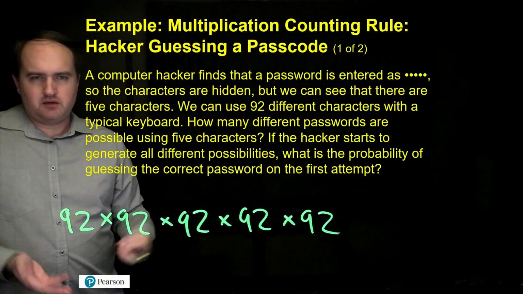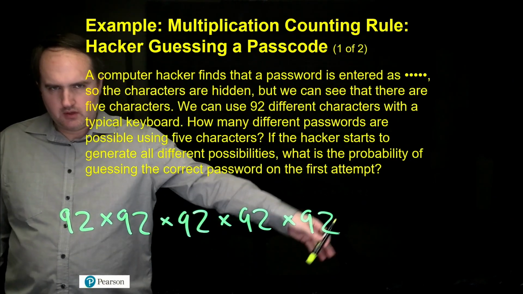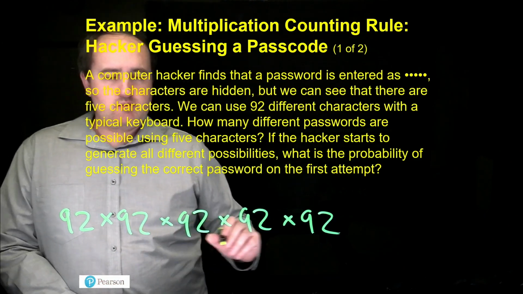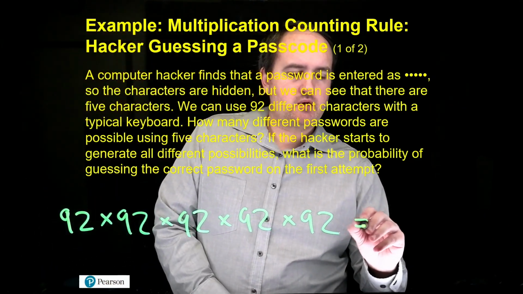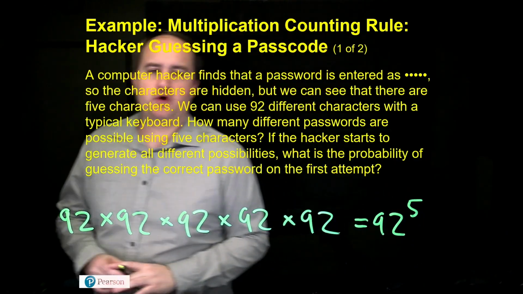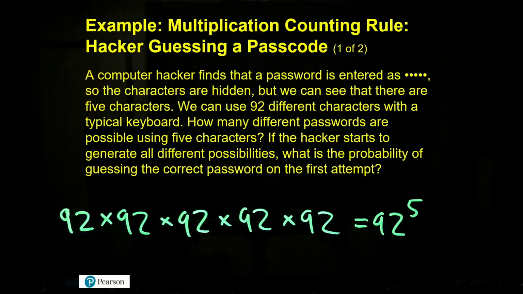Obviously, we already want to use a calculator. Most people would not want to calculate this by hand. It's also the same as 92 to the 5th power, if you prefer to write it as an exponent. Let me grab my calculator real quick.